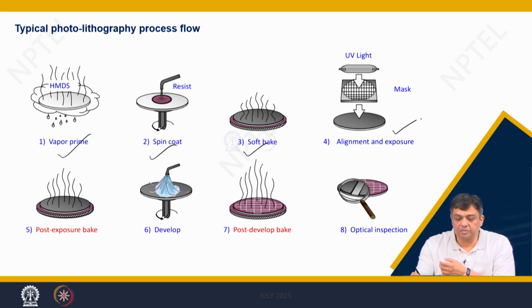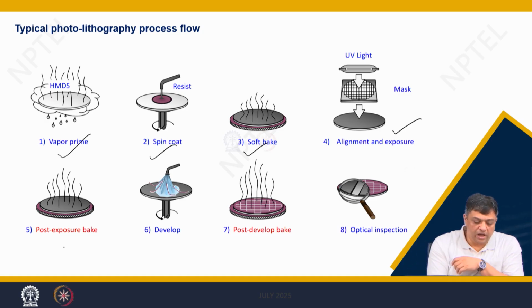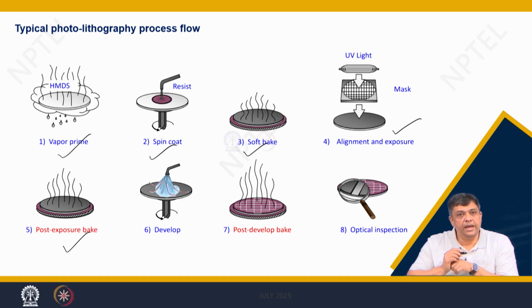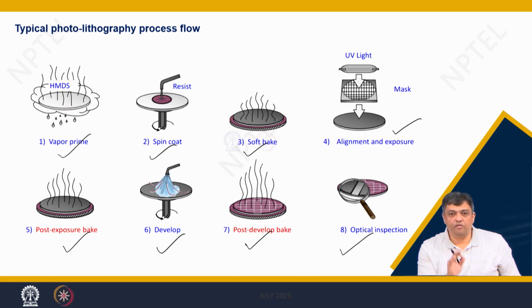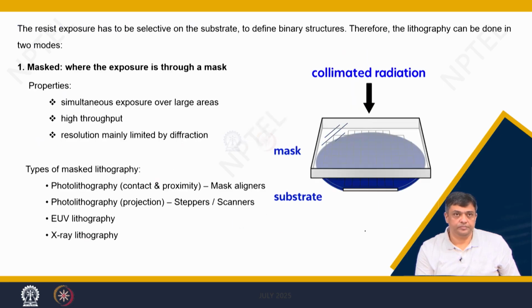You have the alignment of the mask, fixing of the mask and exposure to the light. Then you have post exposure baking, then you develop, post develop baking, and finally optical inspection to understand that you have obtained the material design which you were looking for.